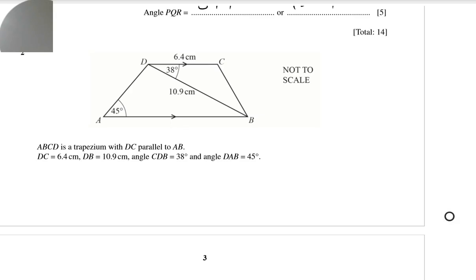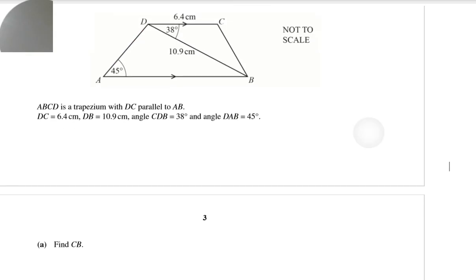So you can see in this triangle we are dealing with two sides, and the third side we need to find, plus this angle. So obviously this is the cosine law.